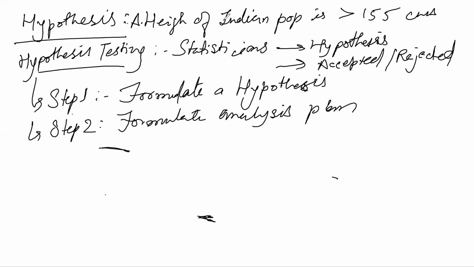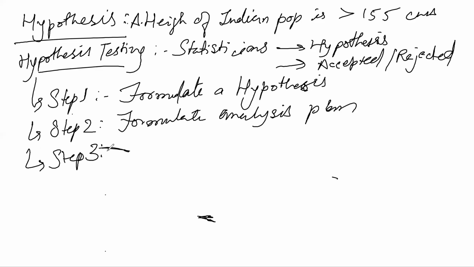I will take, let's say, 0.001% data from all of the states, so that I get a similar representation from each state, right? And then I will calculate the height of each person whom I selected from each state, and then take the average of that height. So that is step 2, formulate analysis plan.